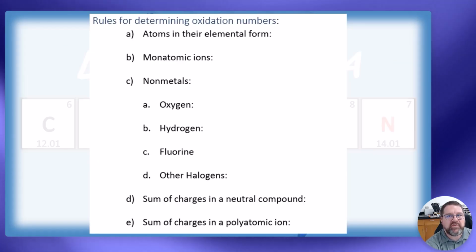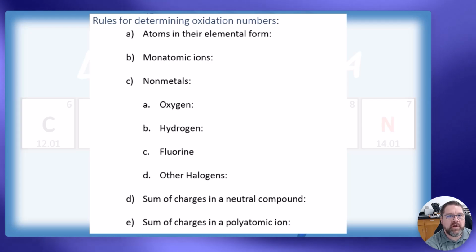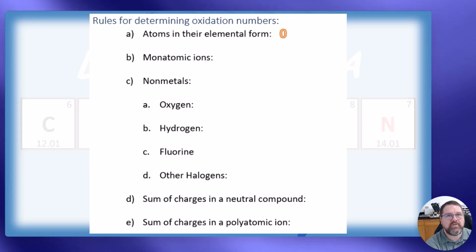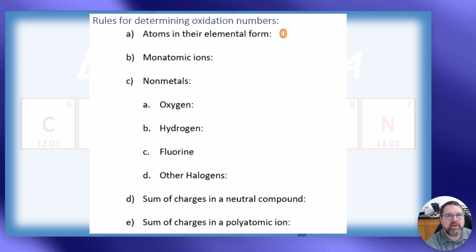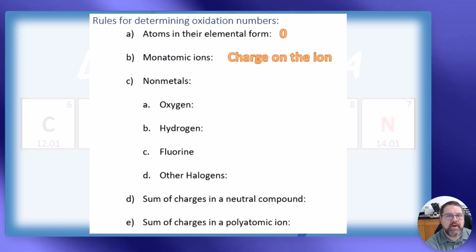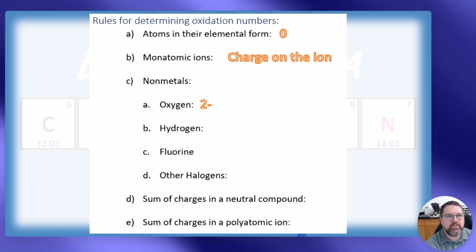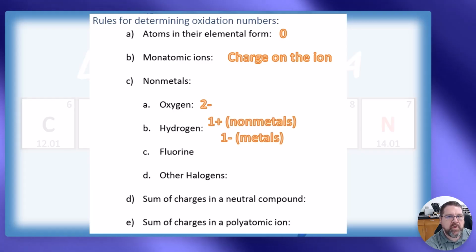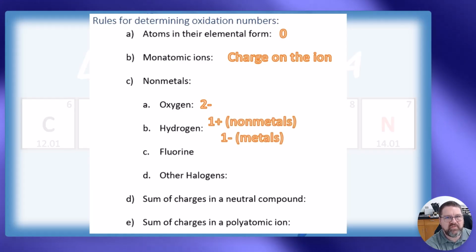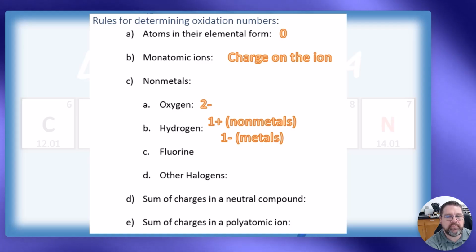A quick reminder of some of the rules for determining oxidation numbers. Any atom that's in its elemental state has a zero charge. Monatomic ions will be whatever the charge is on the ion. Nonmetals, oxygen is typically a -2. Hydrogen is typically a +1, but it can also be a -1 depending on what it's bonded to.